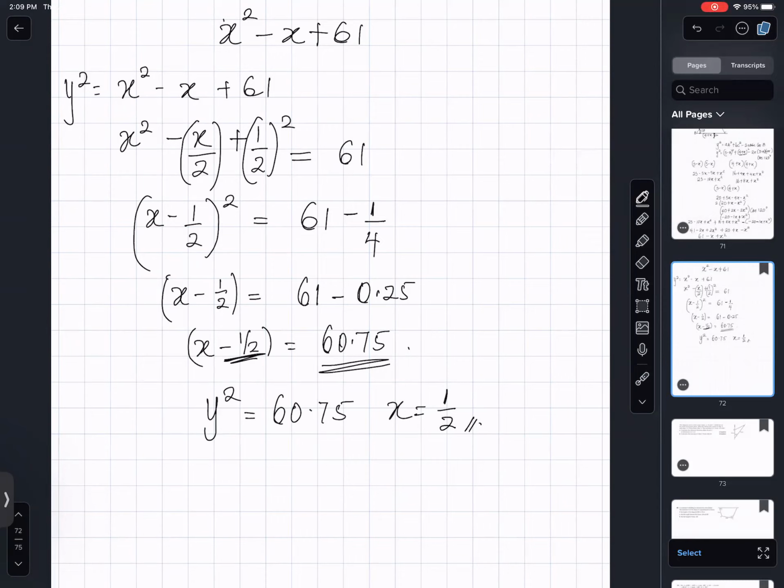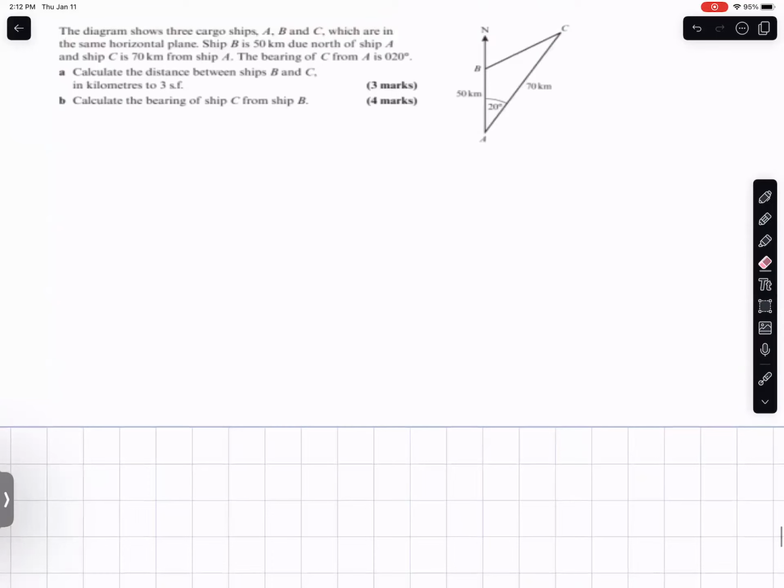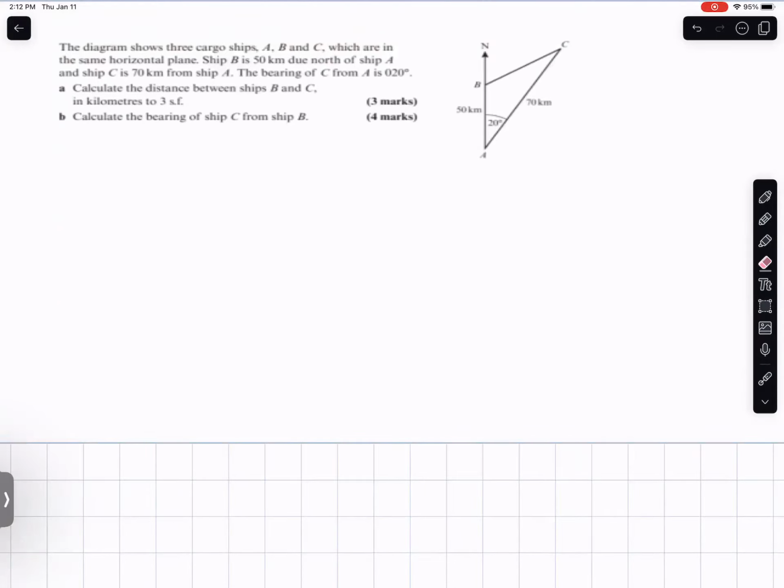So we'll proceed. We are still proceeding with our trigonometry rules. The diagram shows 3 cargo ships A, B, and C, which are in the same horizontal plane.